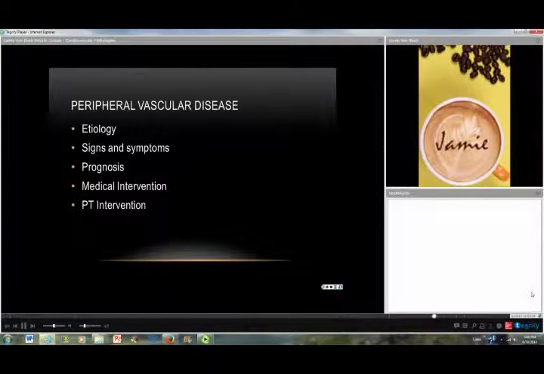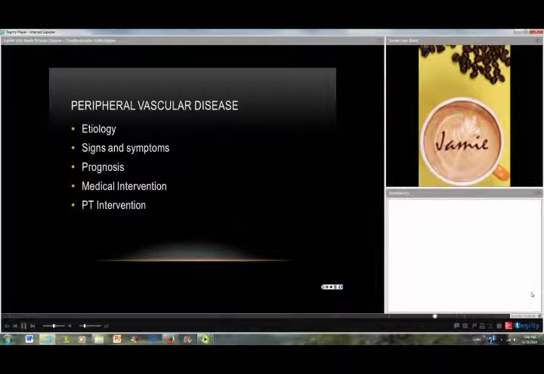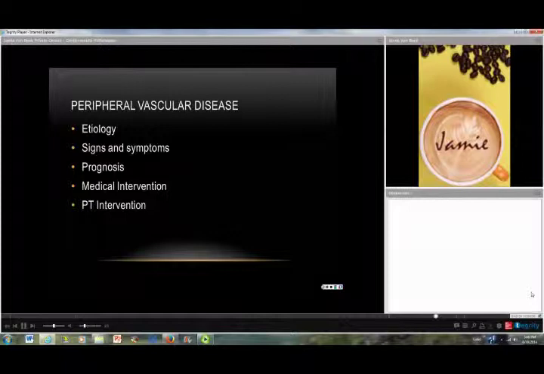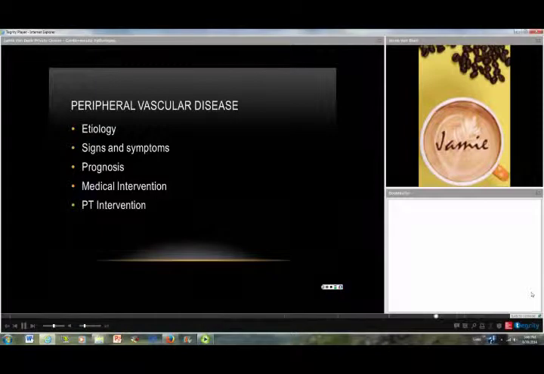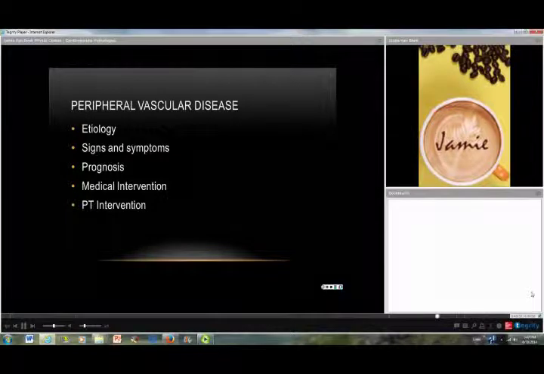You would never take a patient who has peripheral vascular disease and put a hot pack on their legs. You could cause further damage. Massage is also contraindicated because it places too much demand on the arteries. So massage is contraindicated for peripheral vascular disease.